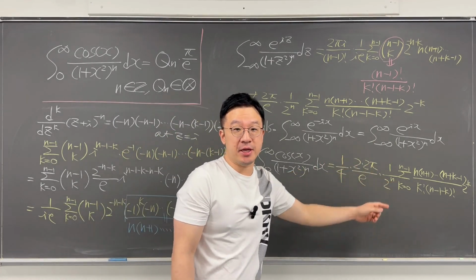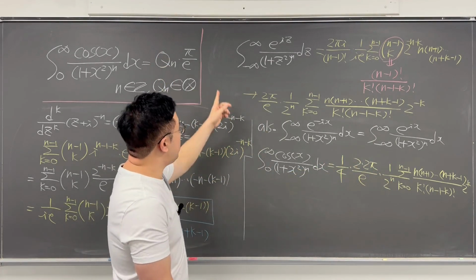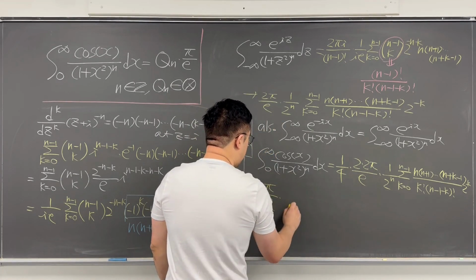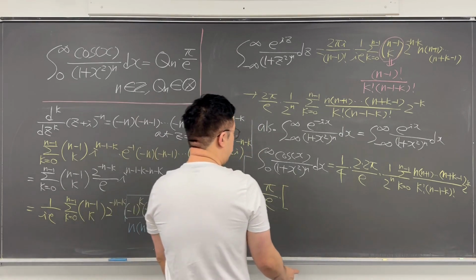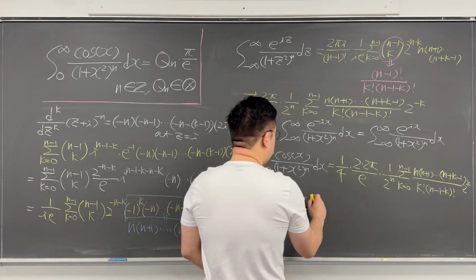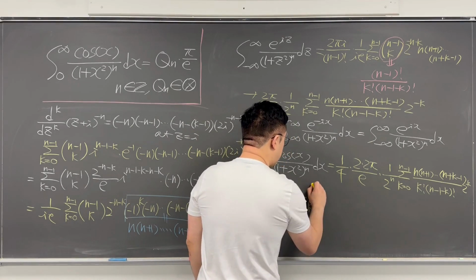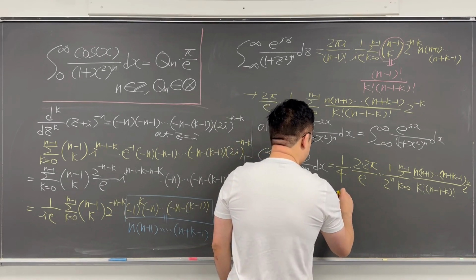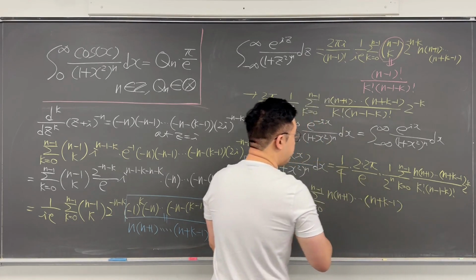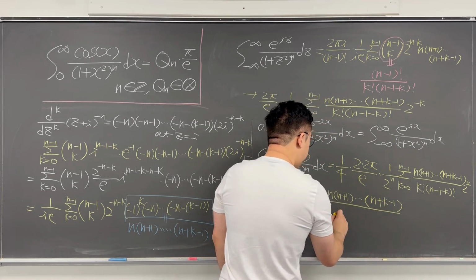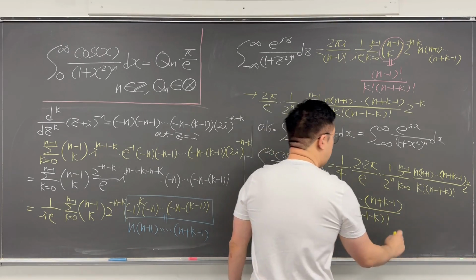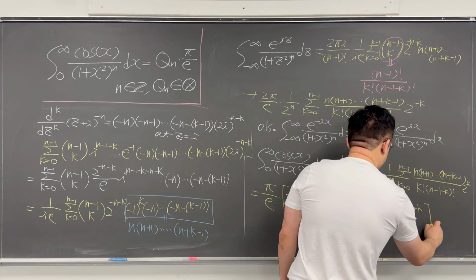Okay, so based on this work, the generalized rational expression on the right-hand side, let me just pull this pi over e out first. Times, let me make a bracket, and we have 1 over 2 to the power of n, then that times summation from k equal to 0 to n minus 1 of n times n plus 1 times all the way up to n plus k minus 1, over k factorial times n minus 1 minus k factorial, that times 2 to the power of negative k.